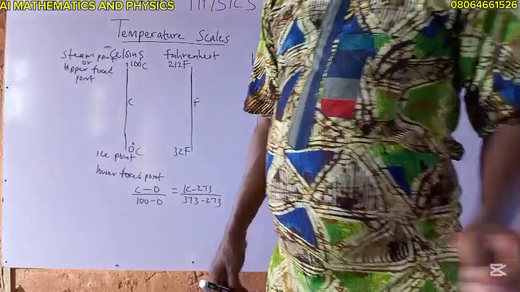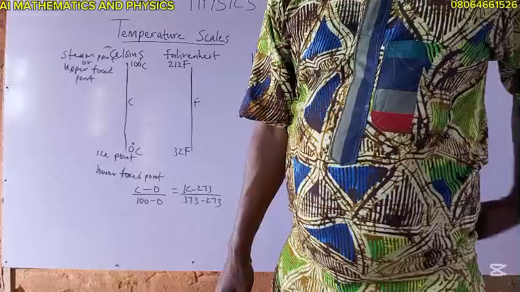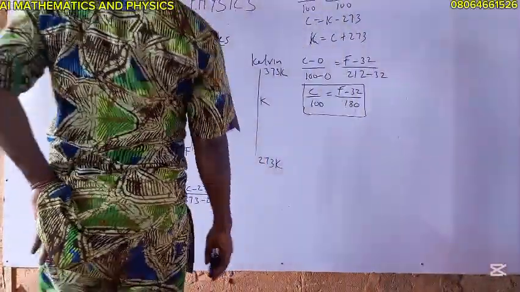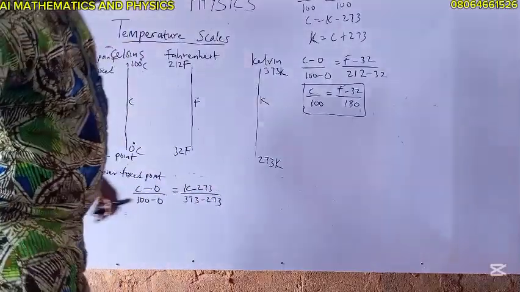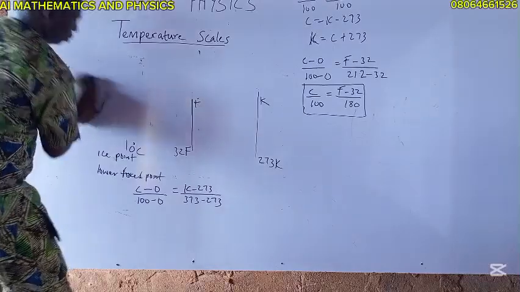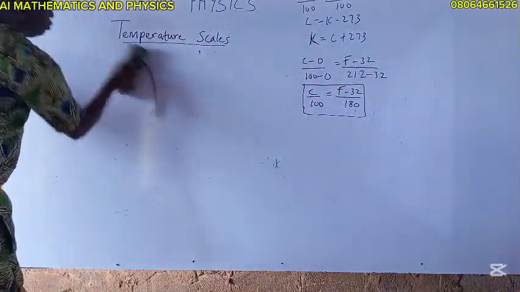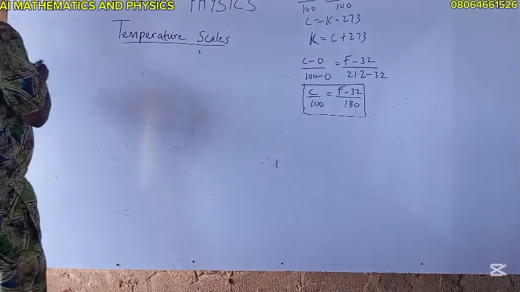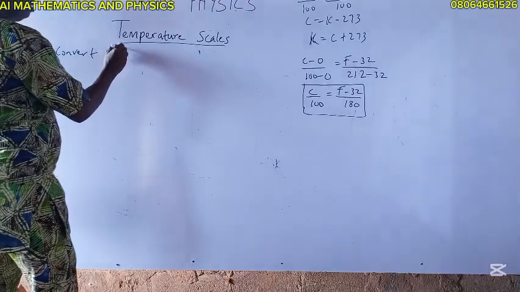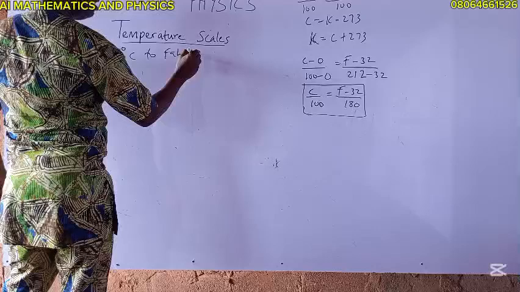Convert 45 degrees Celsius to Fahrenheit.